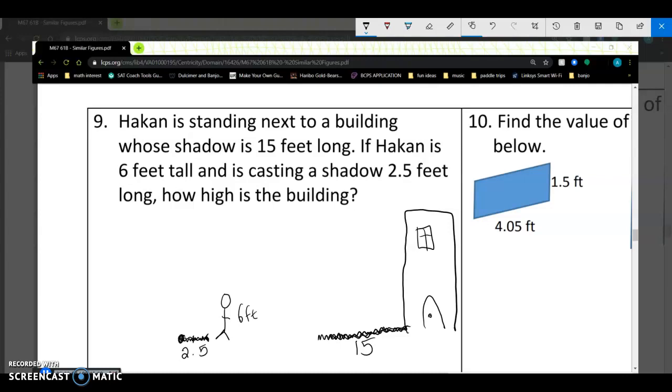Now, this may not seem like a similar triangles problem or a similar shapes problem, but if we look at this, we can see that these shapes are indeed similar to one another. We'll notice both of them have a shadow here. Notice the shadow I'm highlighting in blue.